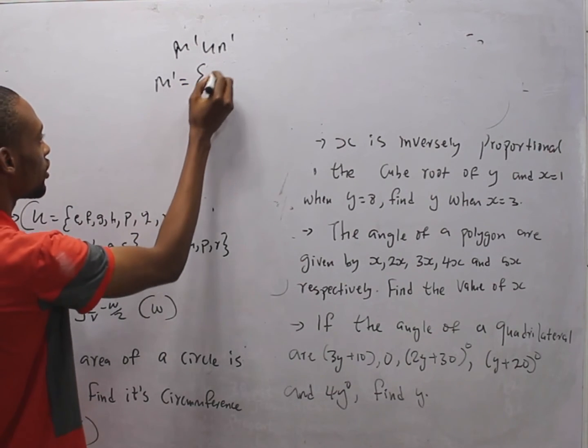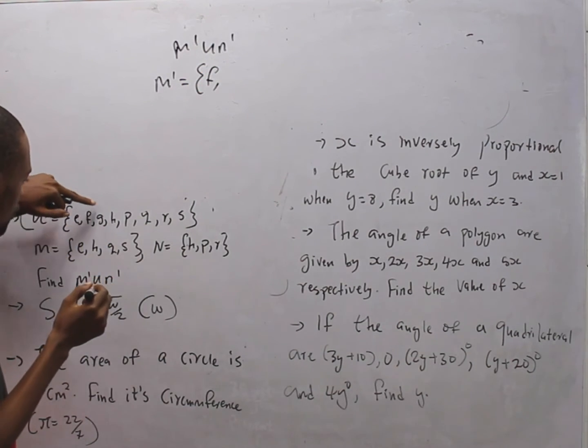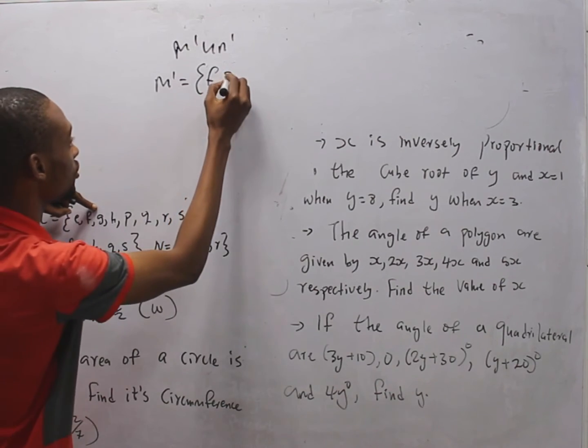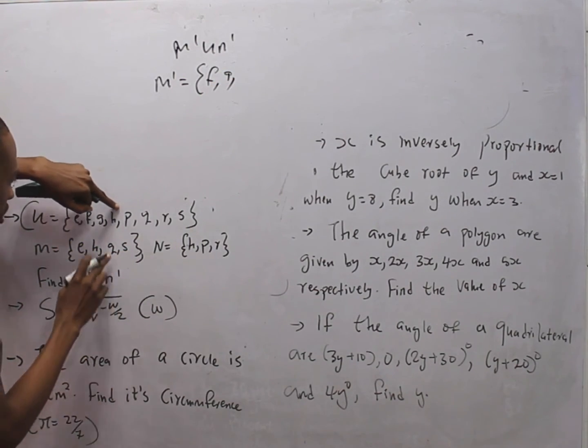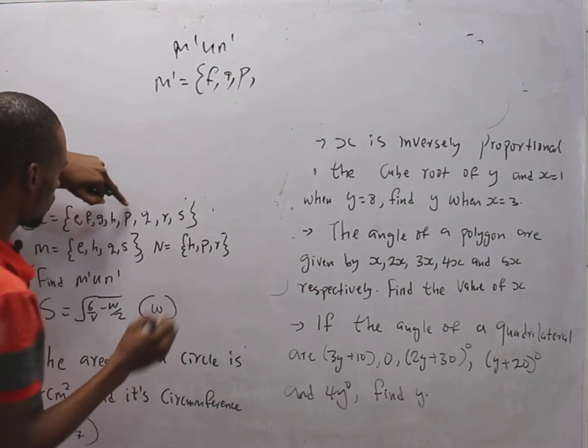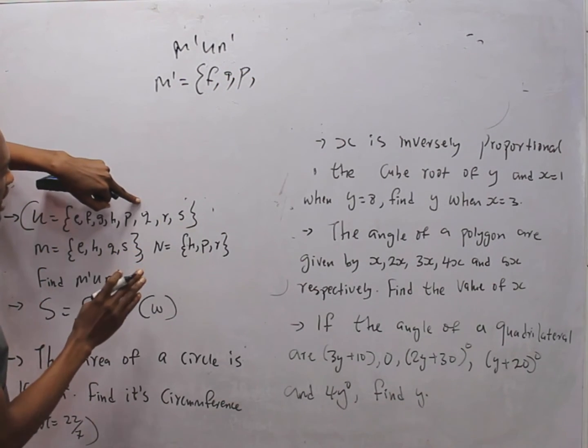F, G, there is no G here. H, there is H here, so it's not. P, there is no P here. Q, there is Q, so we don't write it.